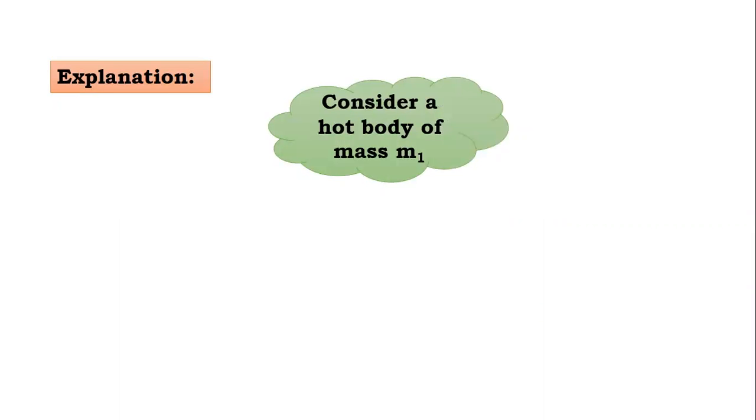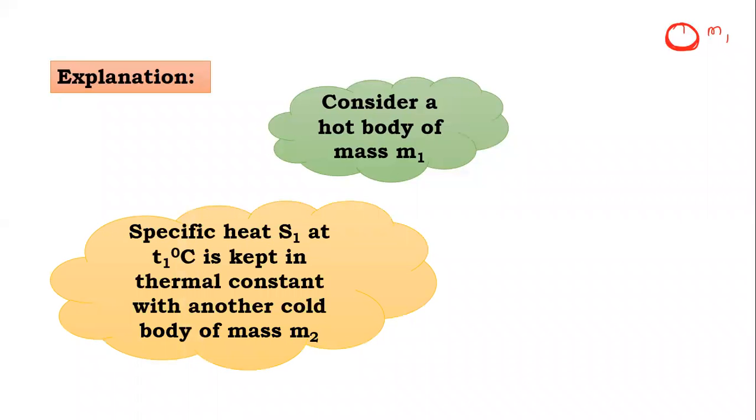Now consider a hot body of mass M1. See here, one body is there, a hot body, whose mass is M1. Its temperature is T1 degree Celsius.